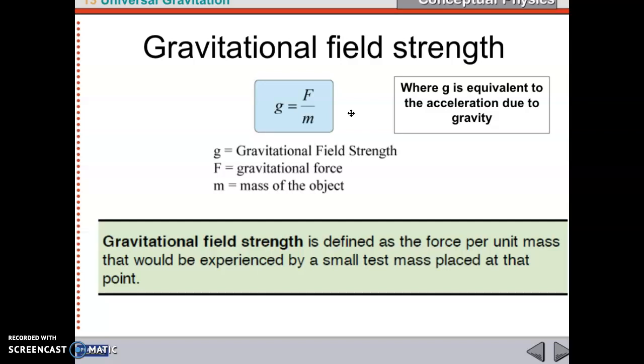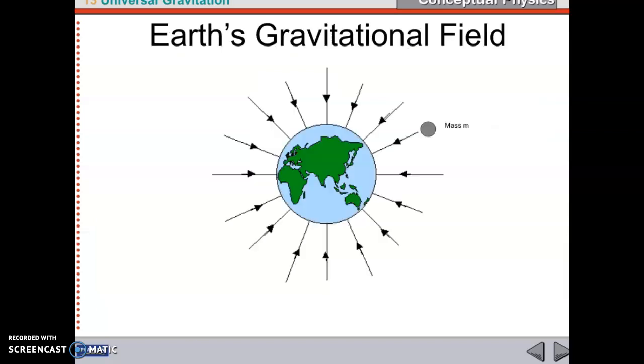But now we actually have to officially define it using Newton's law of gravitation. The gravitational field strength is defined officially as the force per unit mass that would be experienced by a test mass placed somewhere in that field at that point. So if I have a field around a planet, in this case the Earth, and I have a mass inside that field of 1 kilogram, what would the force be on that mass?